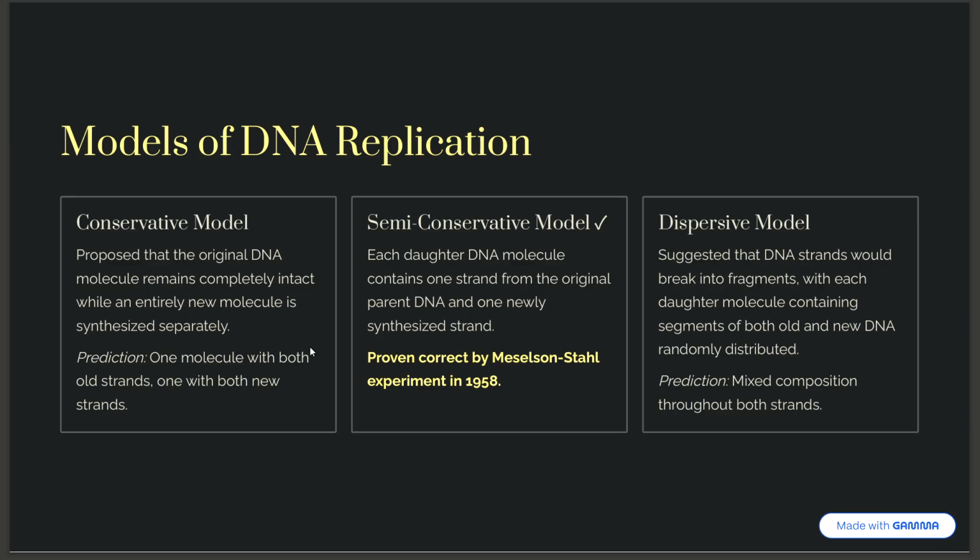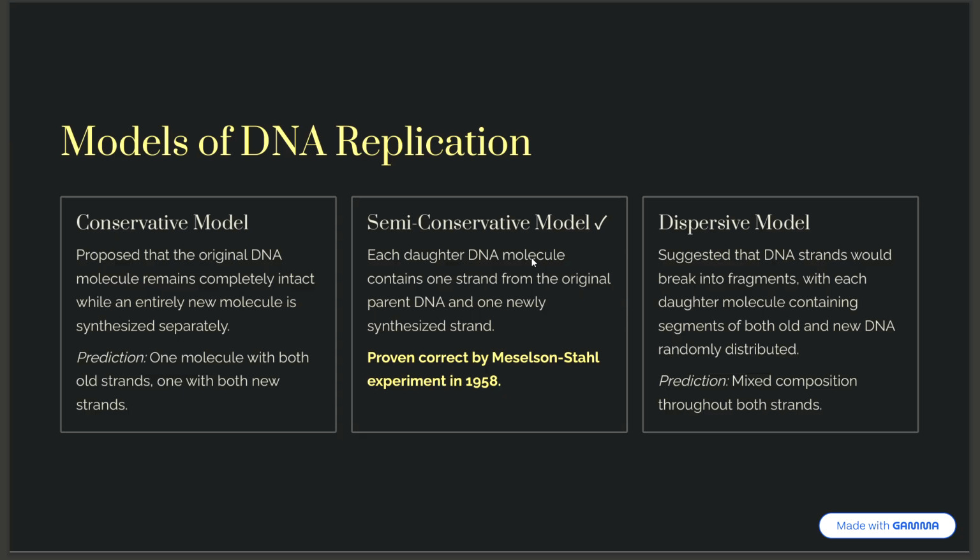Then there were many models put forward for the DNA replication process. The first model is termed the conservative model. It proposed that the original DNA molecule remains completely intact while an entirely new molecule is synthesized separately. The second model is the semi-conservative model, which is the rule we follow nowadays.